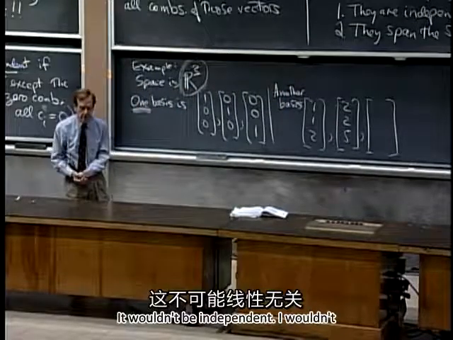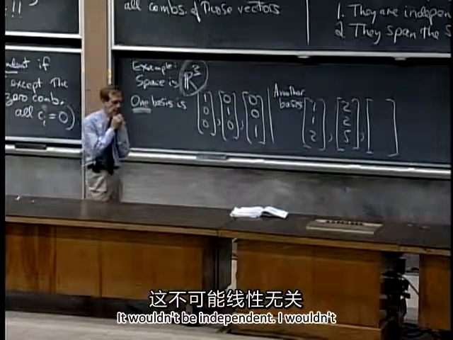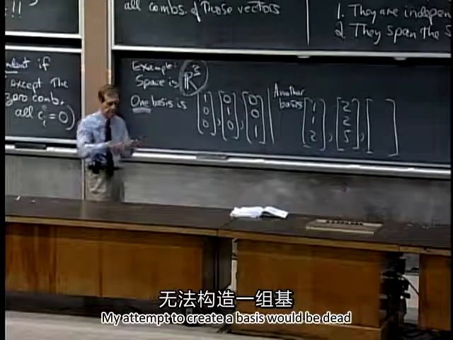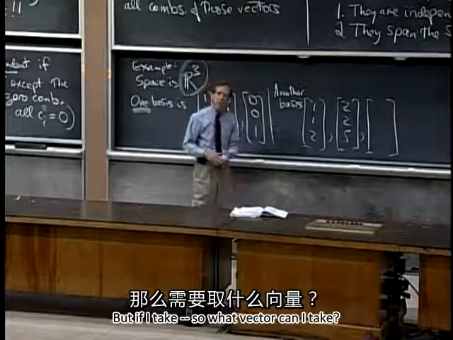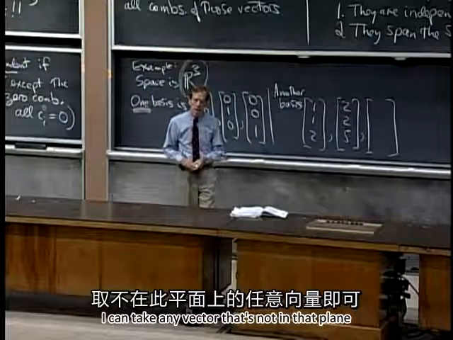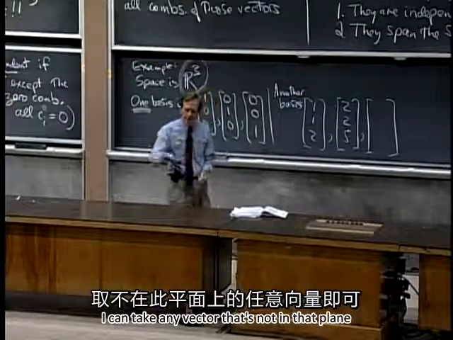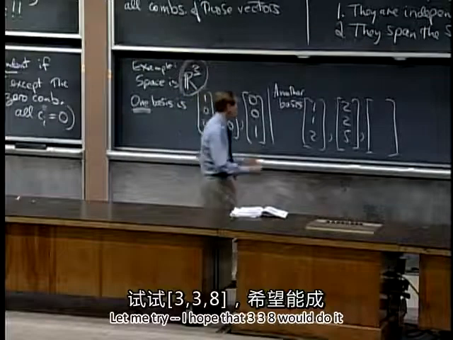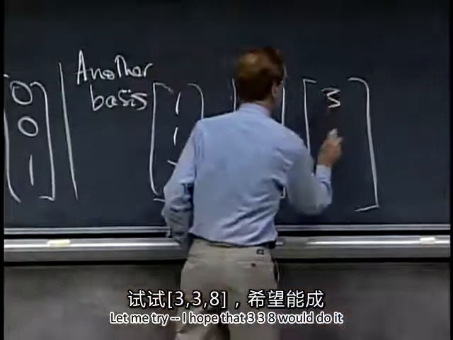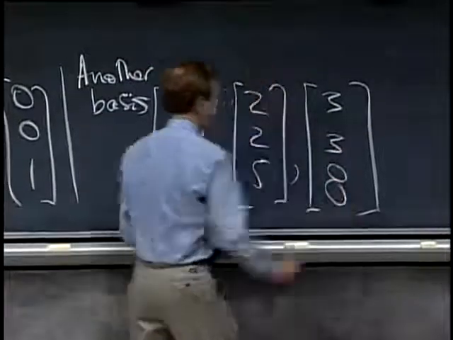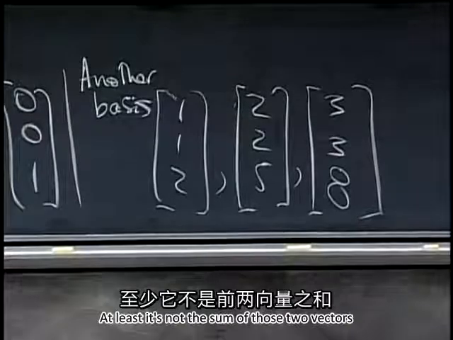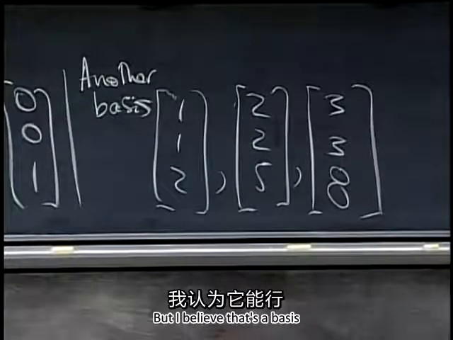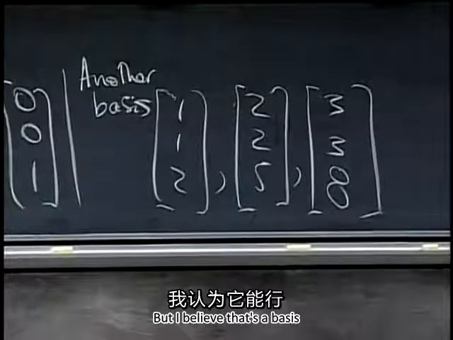It wouldn't be independent. My attempt to create a basis would be dead. So what vector can I take? I can take any vector that's not in that plane. Let me try. I hope that 3, 3, 8 would do it. At least it's not the sum of those two vectors. But I believe that's a basis.